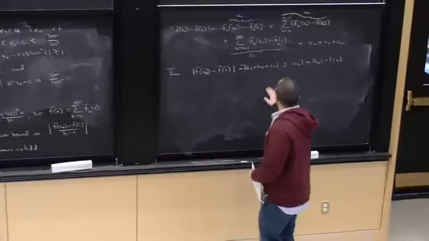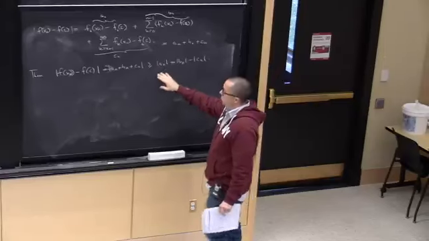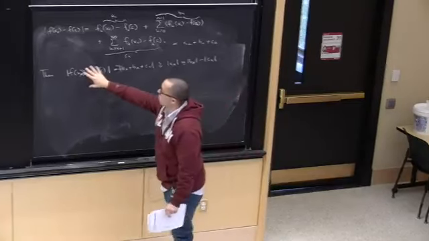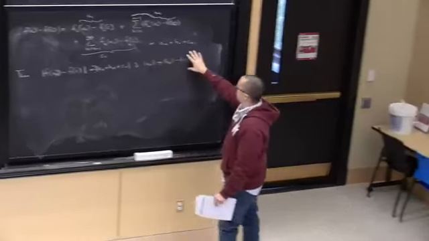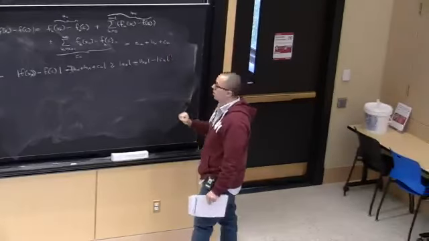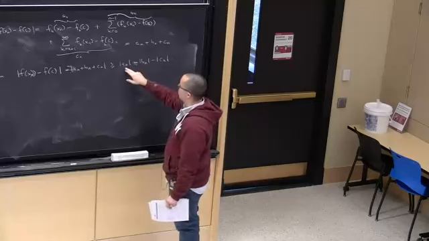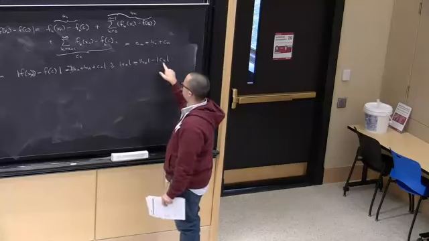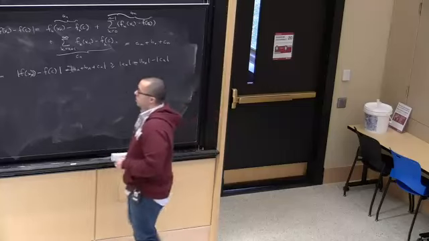So our goal is now to estimate from below a sub n. Remember, we're trying to find a lower bound for this quantity over x sub n minus c. So we need to estimate this sum from below, which means we need to estimate a sub n from below, and then b sub n and c sub n, since they have minus signs, from above. Okay?